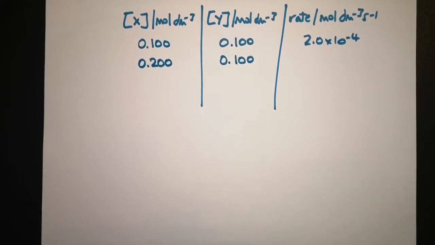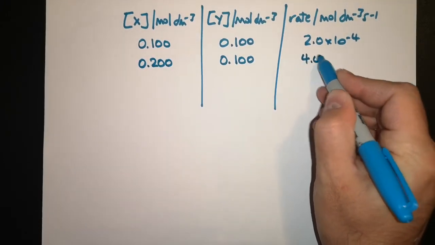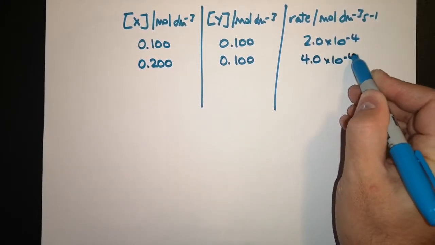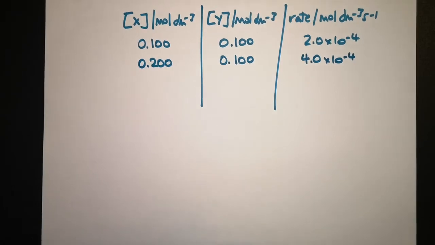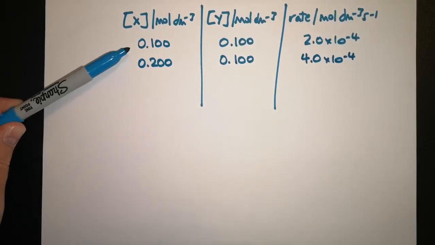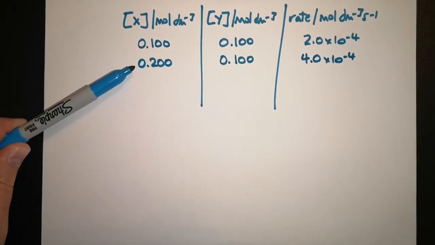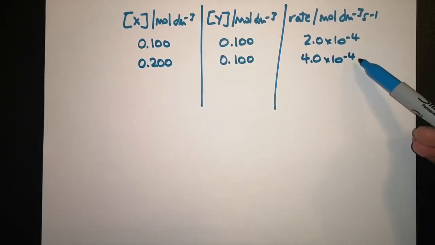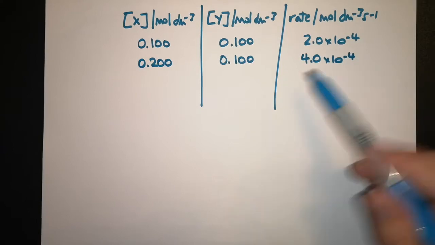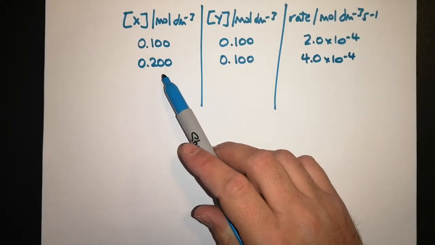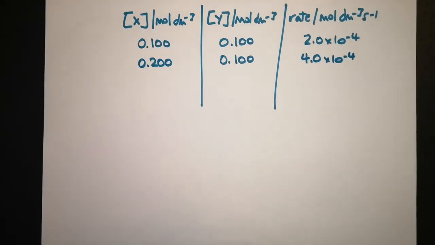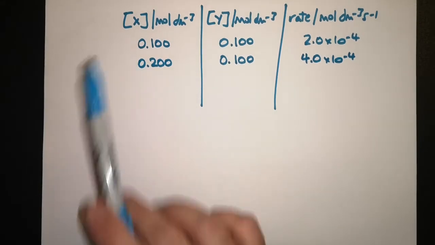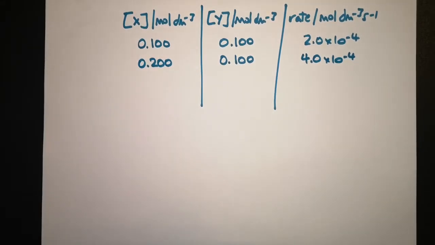Let's say the rate went up to 4.0 times 10 to the minus 4. What I could see there is that doubling the concentration of X has had a doubling effect on the rate of reaction. So I know that the rate is proportional to the concentration of X. So X is a first order reagent.